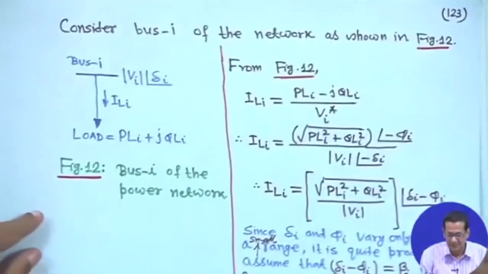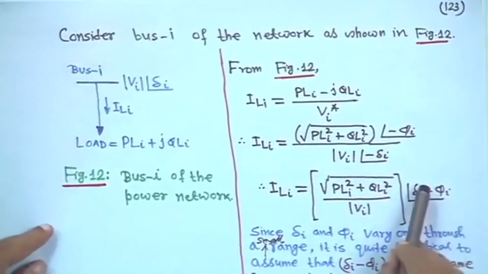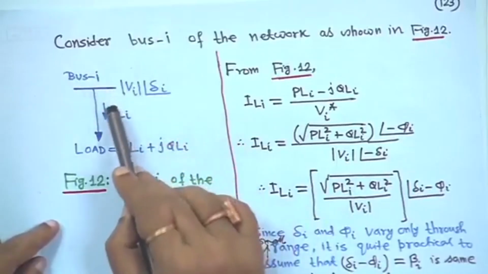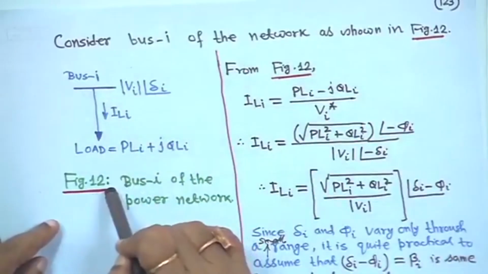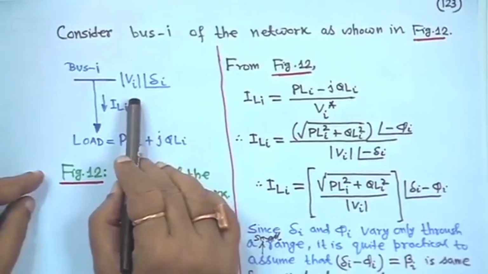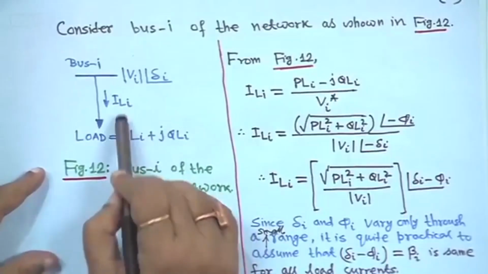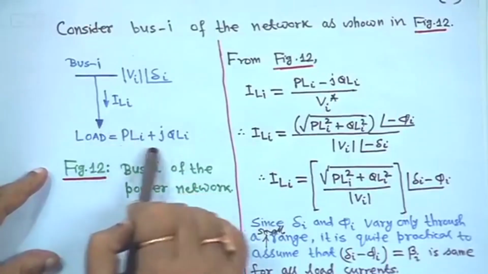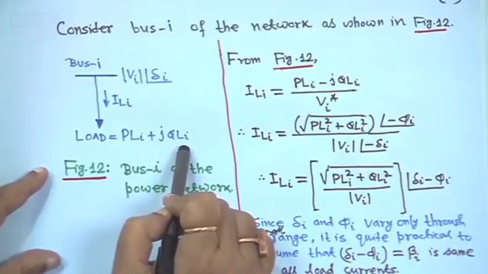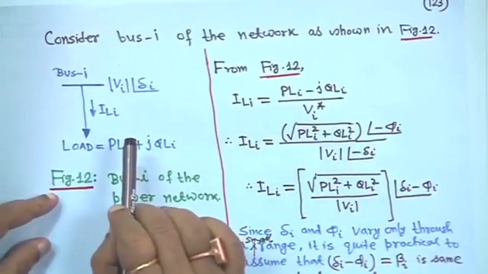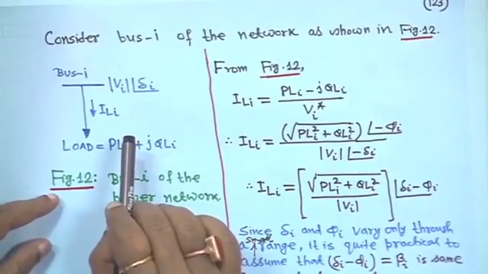Why are we making this assumption? Suppose we consider bus I of the network as shown in figure 12. This is bus I, its voltage magnitude is V_I with angle delta_I, and the current through this load is I_LI, so the load is P_LI plus jQ_LI. We know in general P minus jQ is equal to V conjugate I, so I is equal to P minus jQ upon V conjugate.